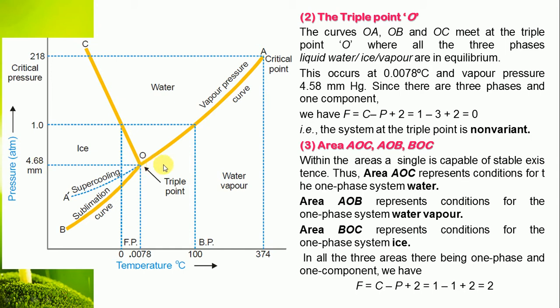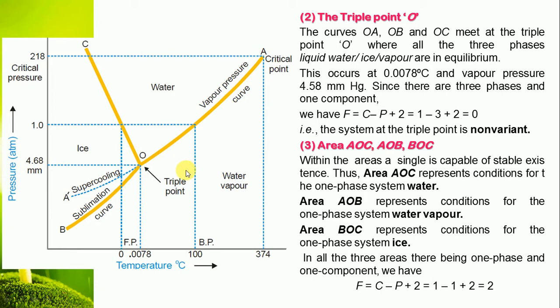If you extrapolate this curve, this is also 4.68 millimeter mercury, but the temperature is 100 degrees Celsius. And just after this point, it might be 50 degrees Celsius. So this point has 50 degrees Celsius, this point has 100 degrees Celsius, this point has 374 degrees Celsius. All these 3 points have only one value of pressure, that is 4.68.